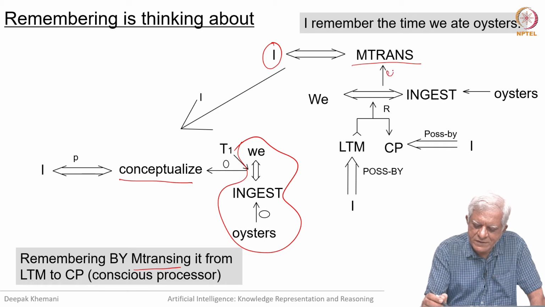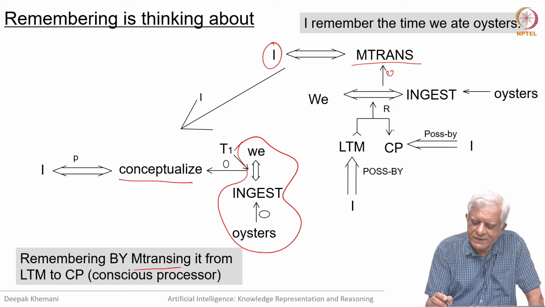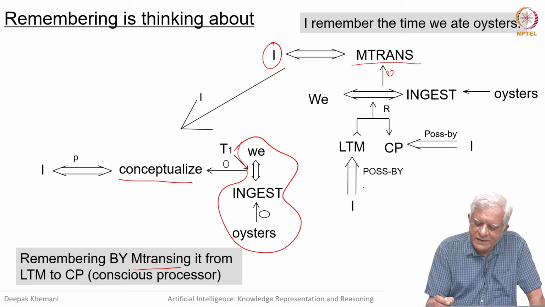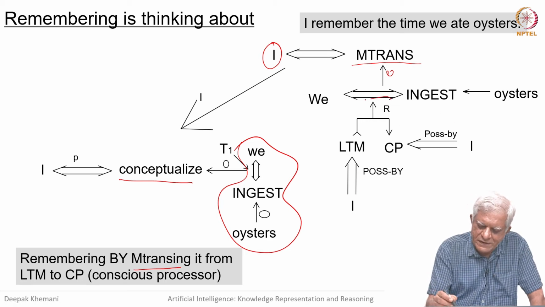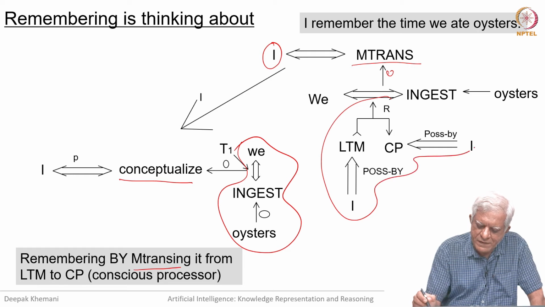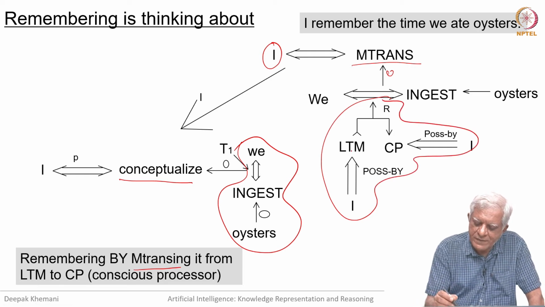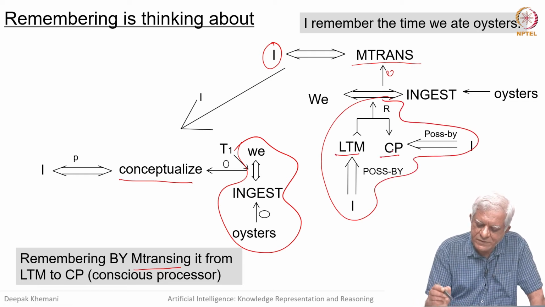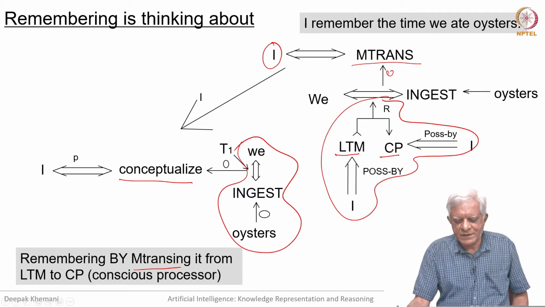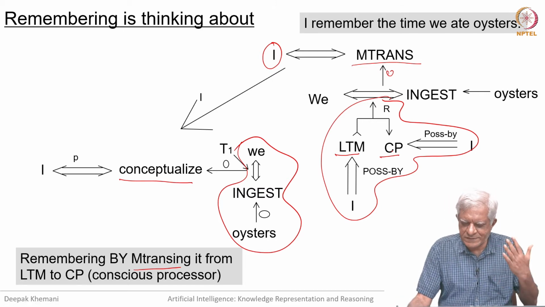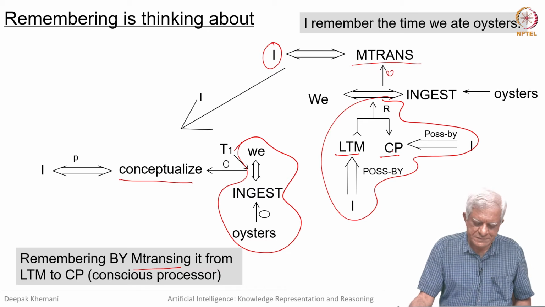So, this is the object of entrance, that we ingested oysters, and I am entrancing this whole thing from my long term memory to my conscious processor. That is how I remembered this fact that we ate oysters.